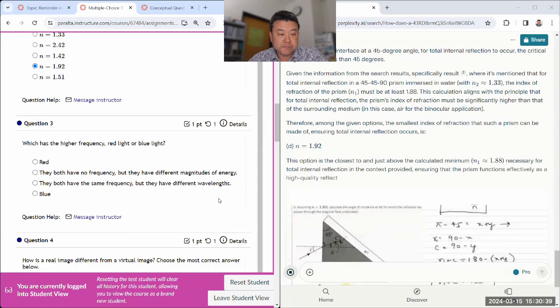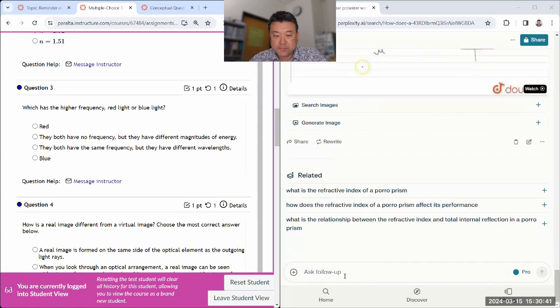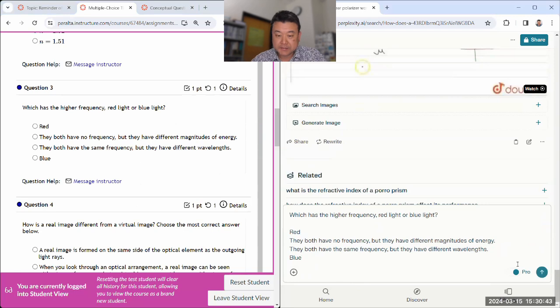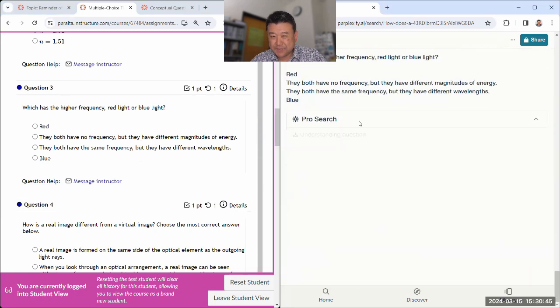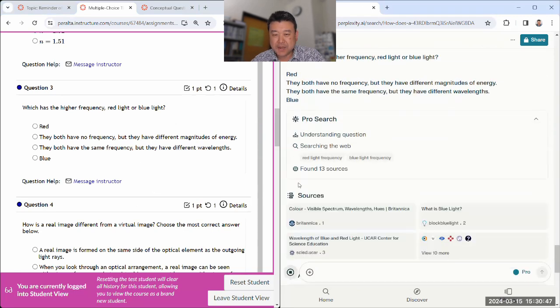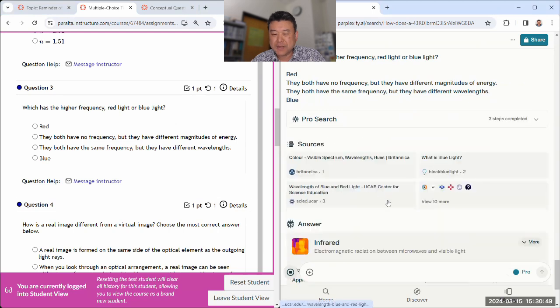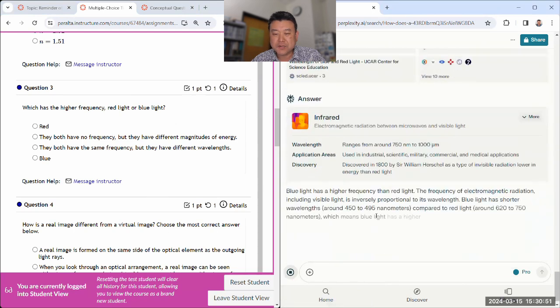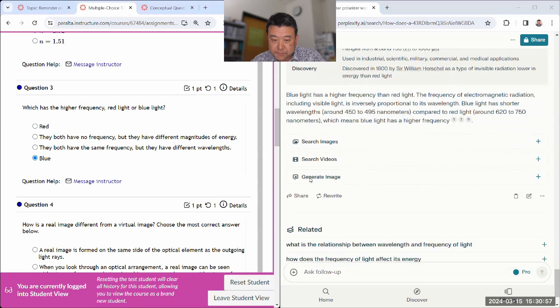Okay. I have no idea if that's right or not. I wasn't thinking about physics. Let's see if it gives me an answer that I can just copy and paste easily. If it's not doing that, I might have to start putting back A, B, C, D. So blue light has, okay, I think it's saying blue. Oh, yeah, okay.